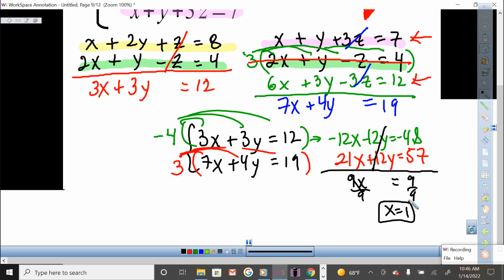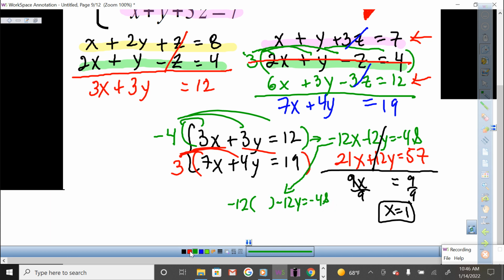All right, from there, Nanelle, which one do we use, the green one or the red one to substitute x in there? The green. Okay, so let's bring this one down. We got negative 12 times x, parentheses, negative 12y equals negative 48.